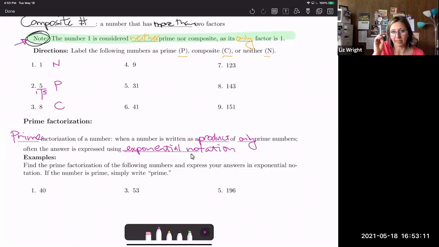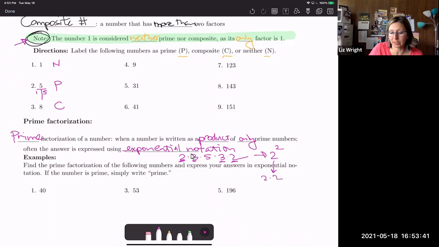So that means something like this. Let's say we came down and we figured out the prime numbers of some number were like 2 times 3 times 5 times 3 times 2. And that was our answer. And so we would go, wait a second, I've got 2 2s and I've got 2 3s. So we would rewrite that product as 2 to the second power, because that exponential notation is repeated multiplication, right?